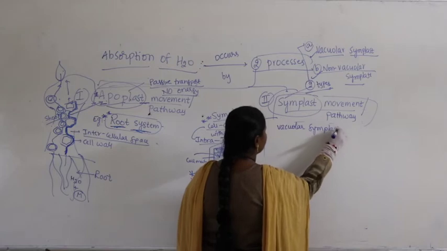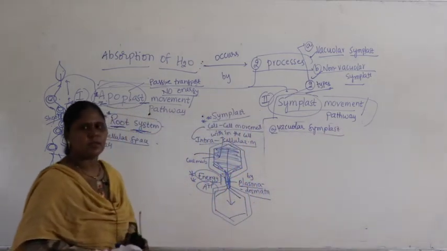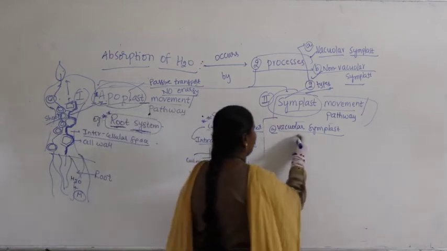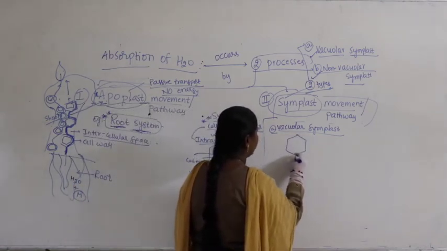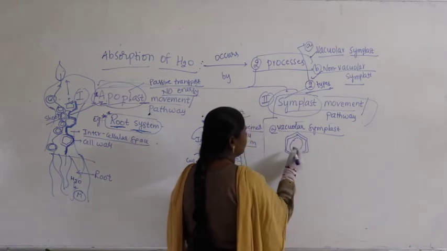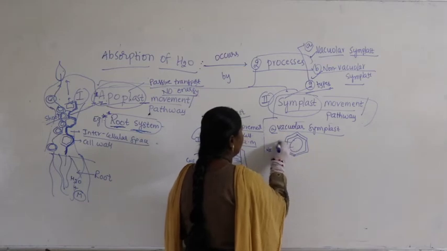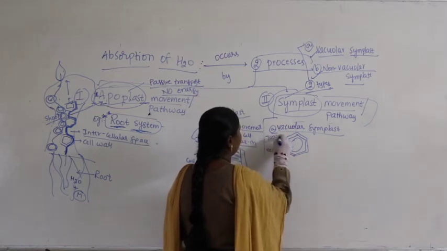In this case, movement is from one cell to another cell. This is a plant cell. In this, 90% of the volume is occupied by the vacuole. The vacuole contains a layer called tonoplast.